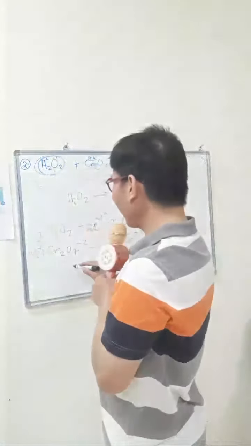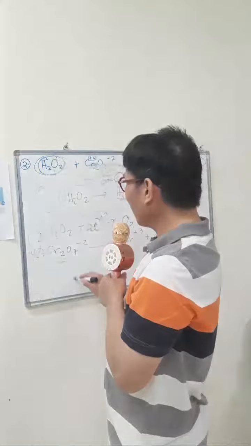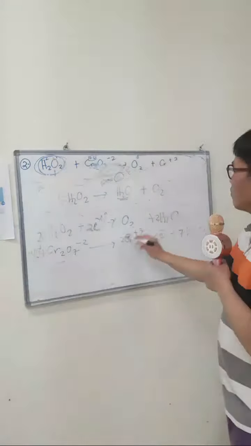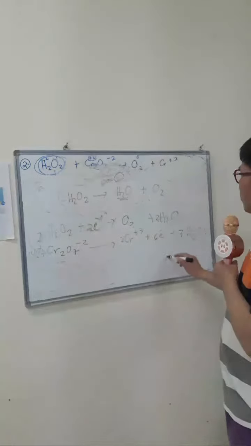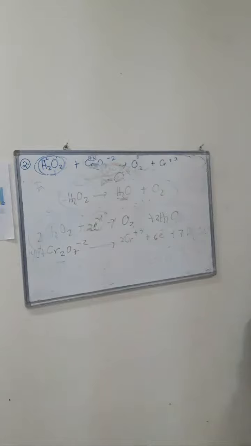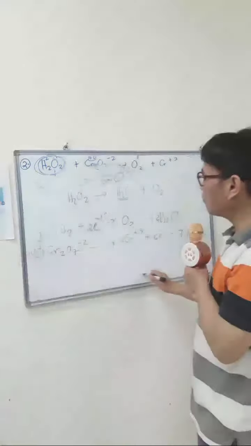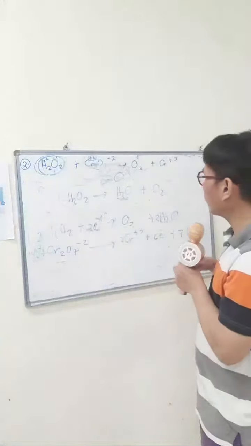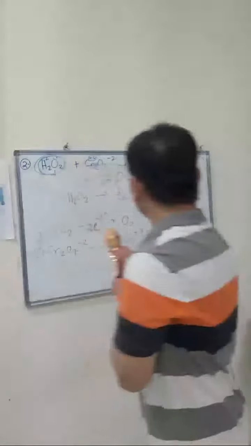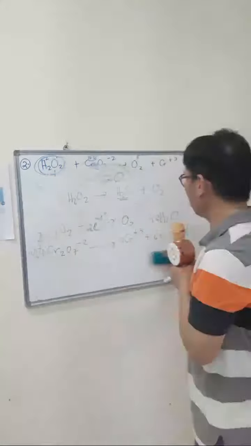So it's equal to 14 minus 2, which is 12. 2 times 2 is 6. 6 plus 6 electrons equals 0 plus 6. So 6 minus 6 is equal to 0. Now solve for the value of your electrons. Let X be your electrons.